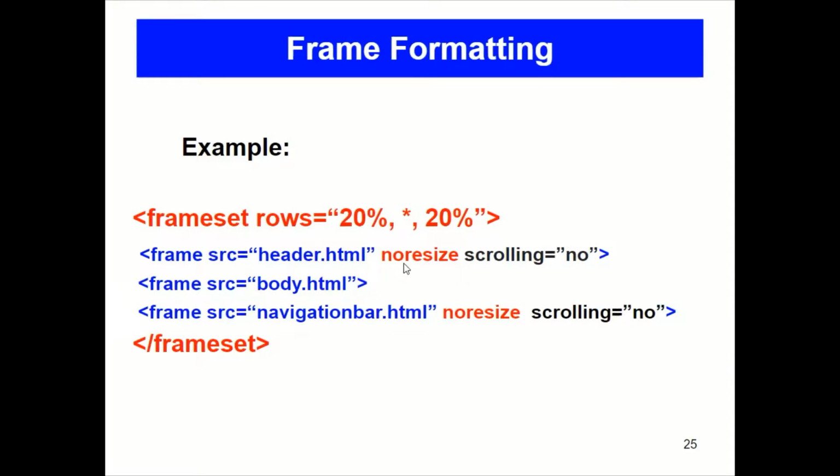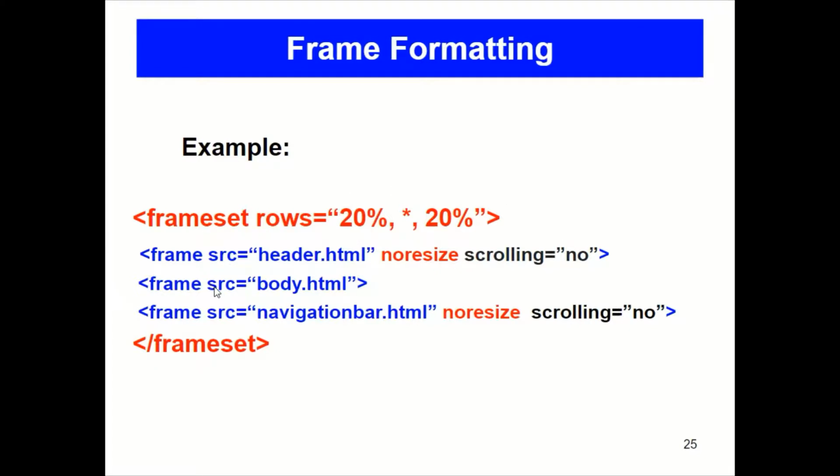And then we have used the noresize attribute to bind the user, so that the user cannot resize the frame. And then scrolling is no, meaning with the header section of the framed page, as we don't need scrolling, scrolling is given the value of no.